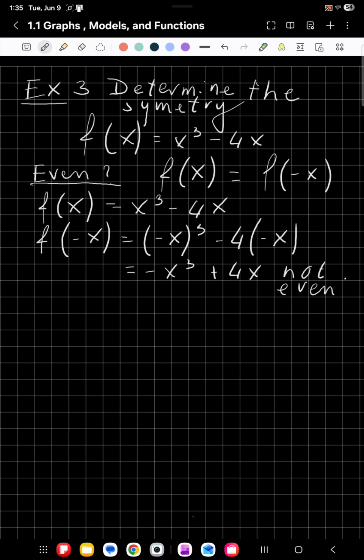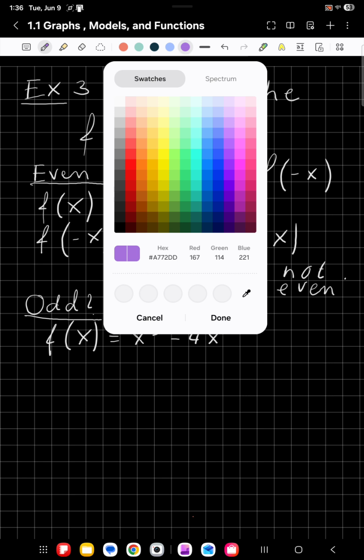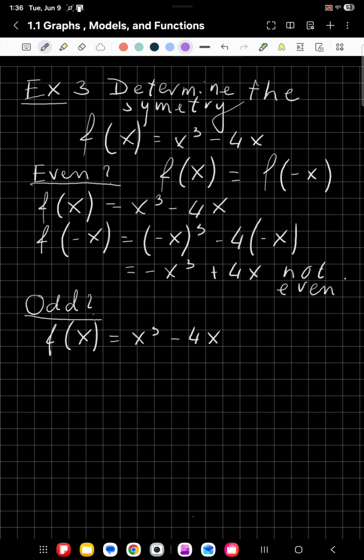Anyway, so the second thing we need to check is whether the function is odd. Okay, so again, I'll rewrite that original function. So it's going to be x cubed minus 4x. And now I already have that f of negative x, right? So the only thing I need to do, let me write it like this. Maybe let me change the color. Okay.